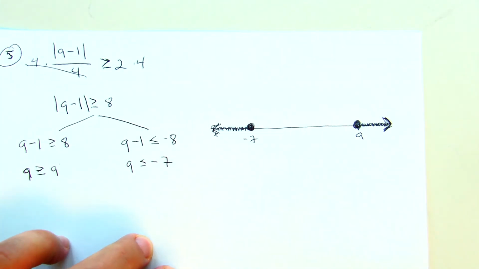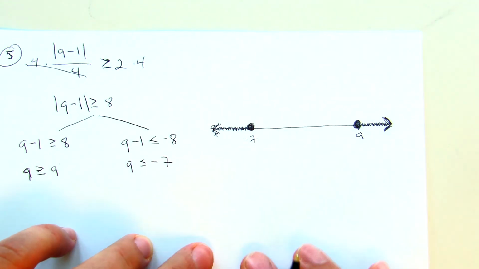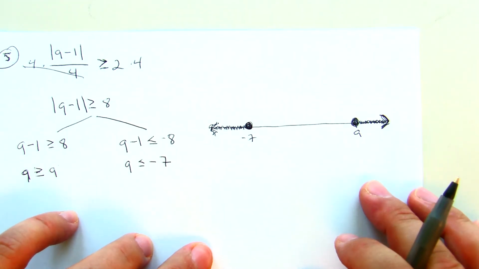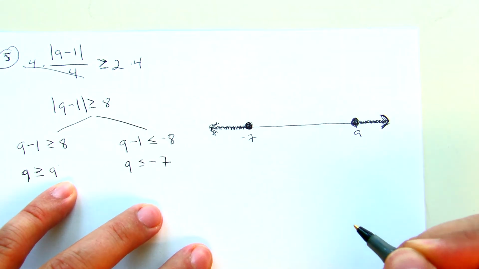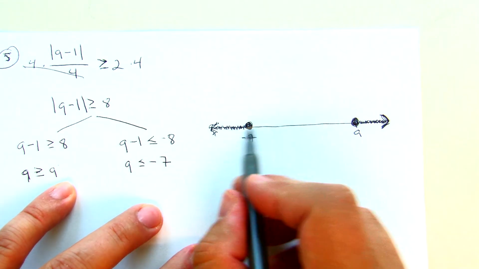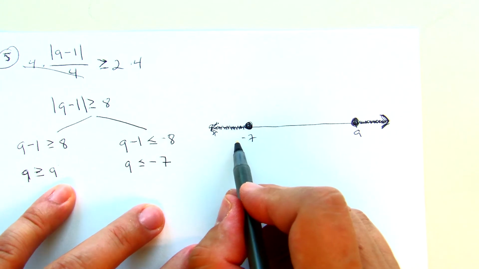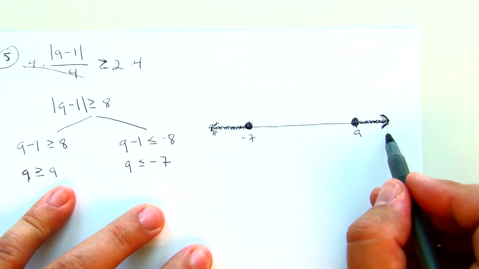Okay, so that's how our solution is represented on the number line. We'll also represent it using interval notation. Now, we're going to have two different parts here, right? Because we've got all the stuff less than or equal to negative 7 and all the stuff greater than or equal to 9.